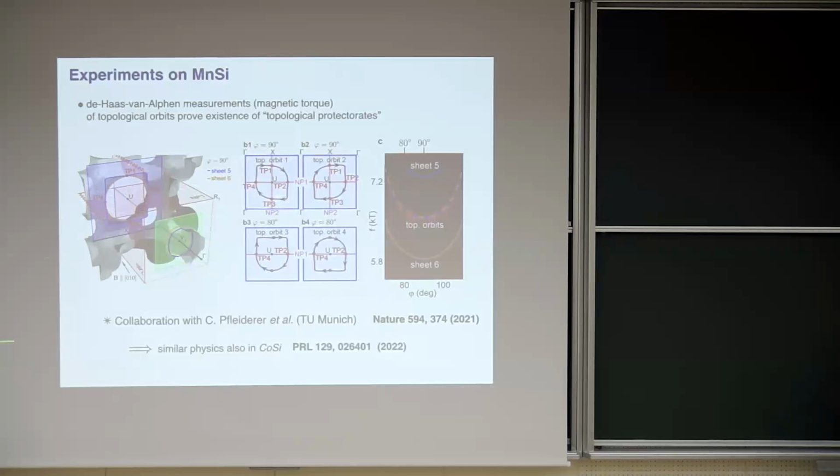So basically, this area here that is enclosed by this orbit corresponds to a certain frequency here. And if we have this topological degeneracy, then here we always enclose the same area, and we only see one frequency, and this agrees with the experiment.